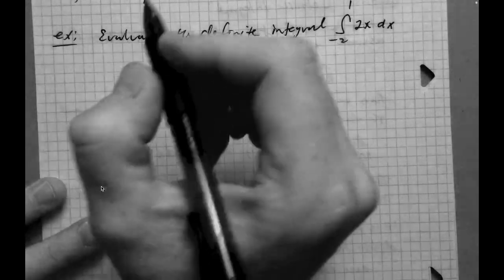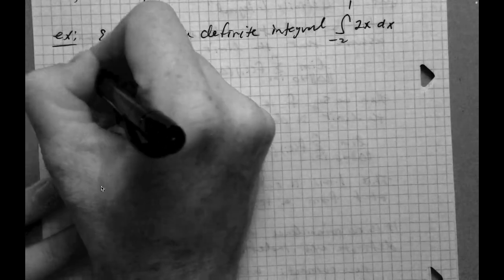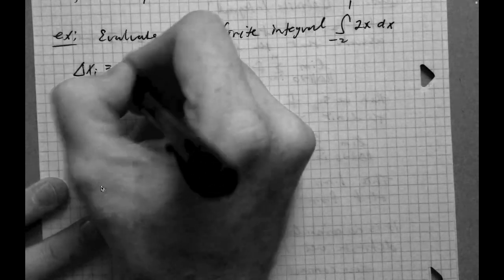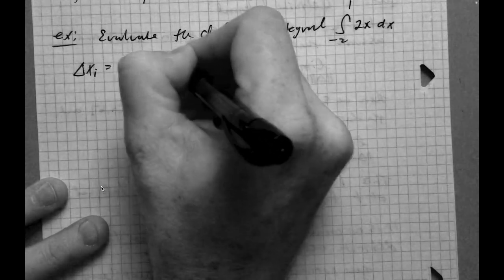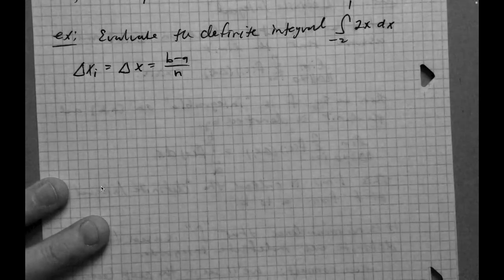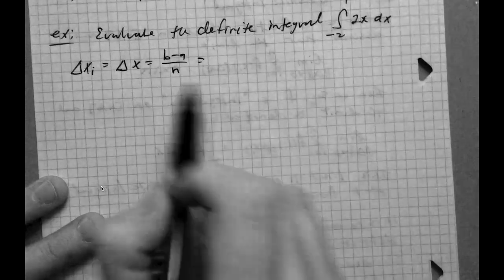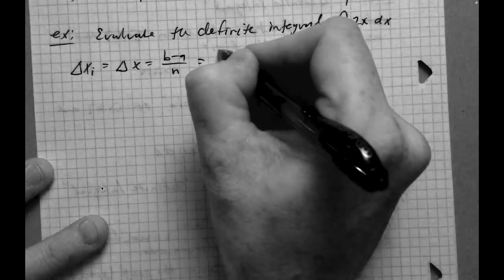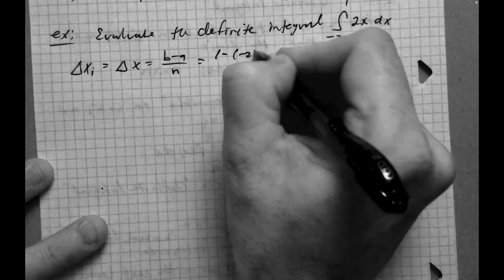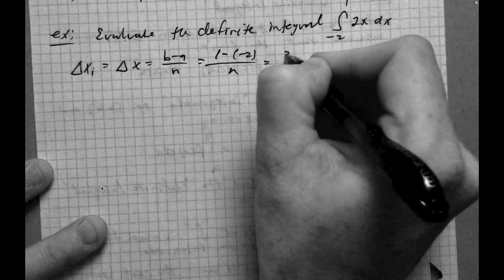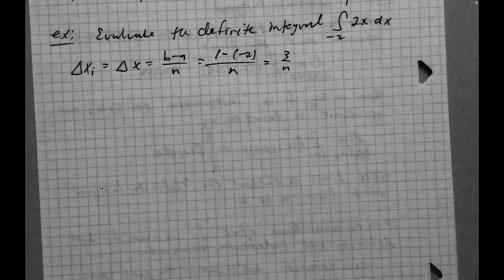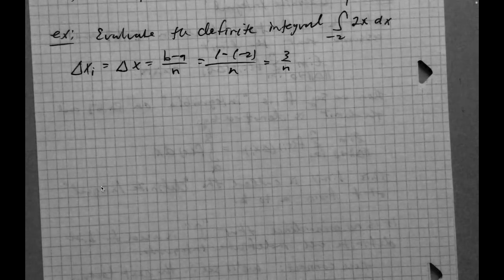Let's say delta x equals b minus a over n, just plugging in a delta x here. That'll be 1 minus -2 over n, so that's 3 over n. We'll let that be our delta xi.